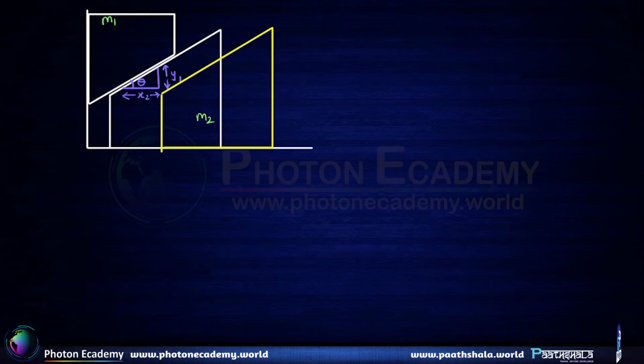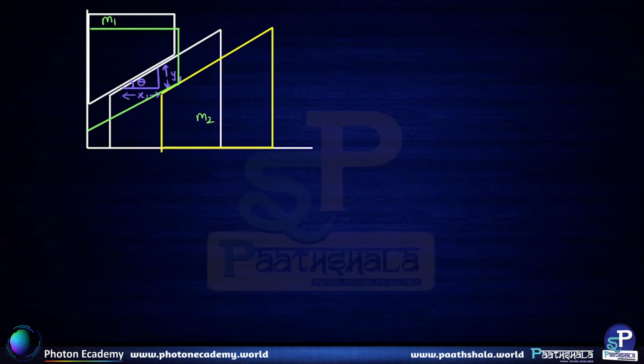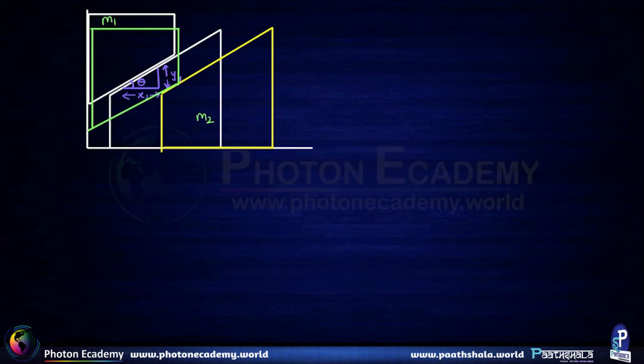Let us say in such a case the block of mass m1 would have had to come down over here. So if the block of mass m2 moves with x2 and the block of mass m1 moves with y1, then the student should follow the logic that we'll have to have theta as constant.